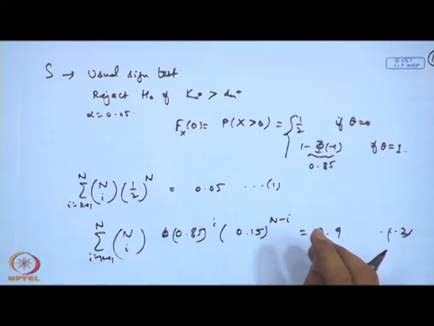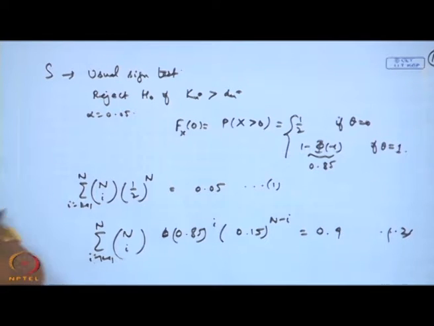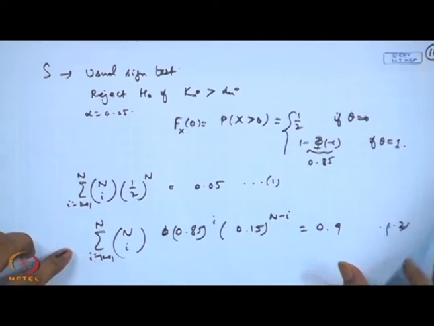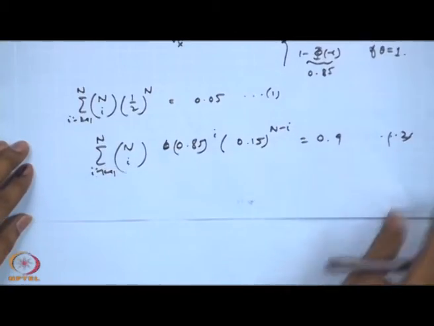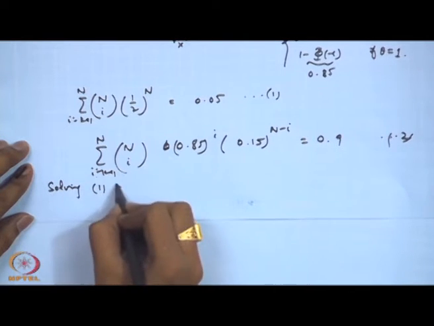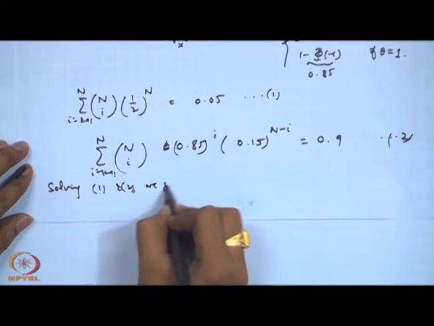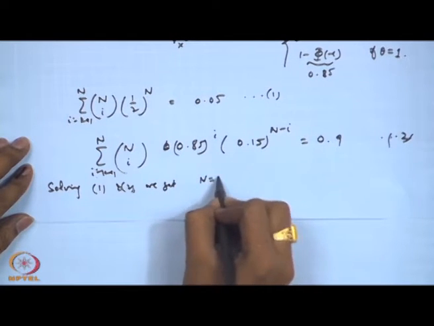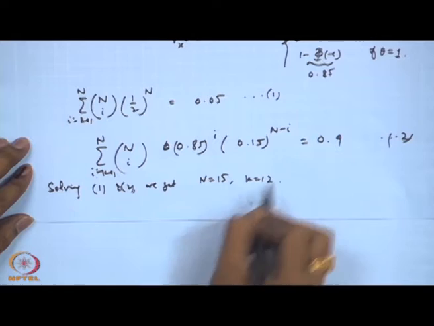So you need to solve these two equations to get the value of n, and k is also required here, because that is where the cutoff will come. Solving 1 and 2, we get n equal to 15 and k equal to 12.